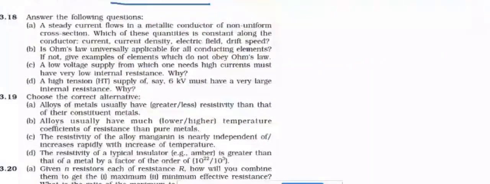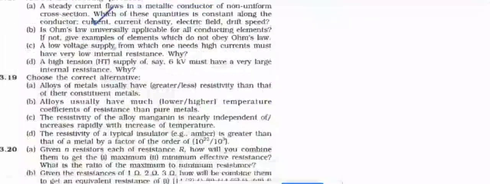A steady current flows in a metallic conductor of non-uniform cross-section. Which of these quantities is constant? The question already says it is steady current, therefore current is constant. Current density, electric field, drift speed all depend on area. So current is the only answer.